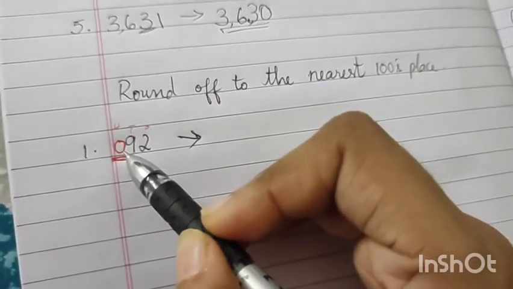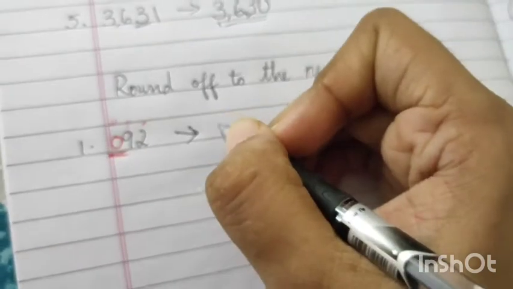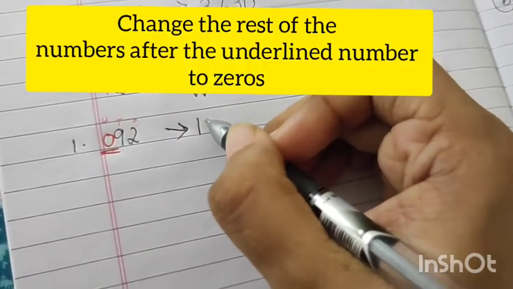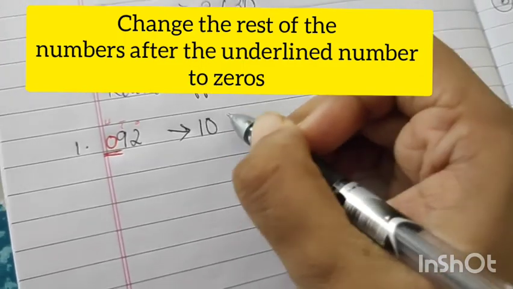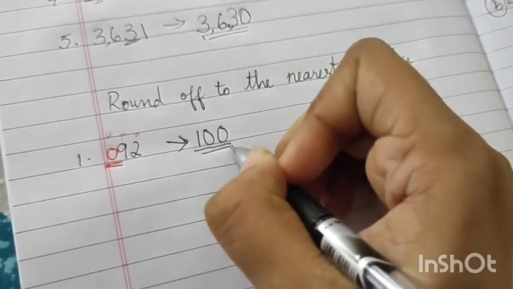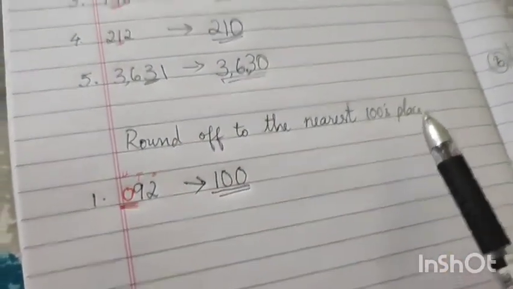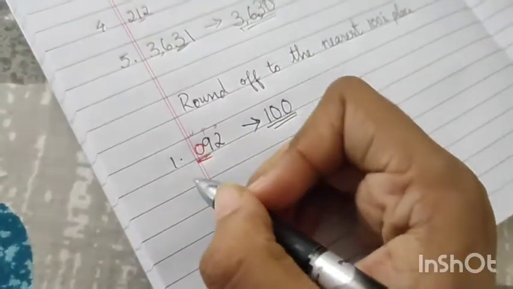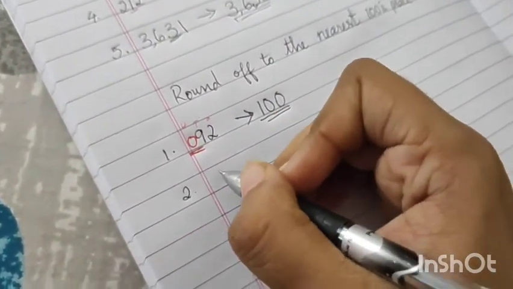We should increase 0 by 1. 0 plus 1 is 1. We put 1 and make the rest of the numbers 0. So we get the nearest hundreds place as 100 itself. Let's take another one.